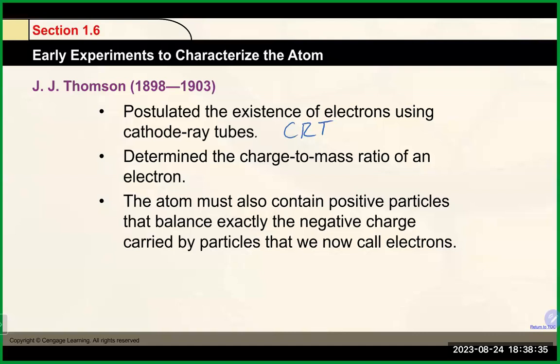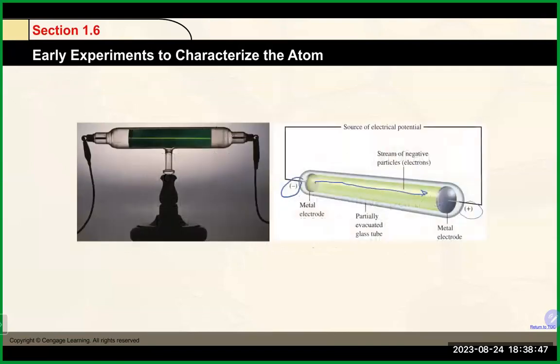What he was able to determine from his experiments was the charge to mass ratio of an electron. The cathode ray tube was a tube, as we can see here, of negatively charged particles. One of the main things in chemistry that comes up a lot is the idea of electrostatic attraction. It's commonly referred to as opposites attract. Much like in life, you get two positive people together, they don't want to be near each other.